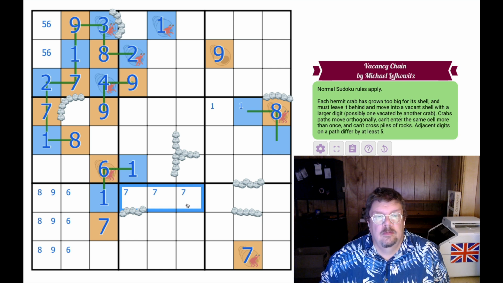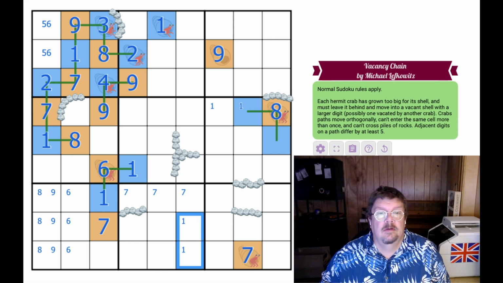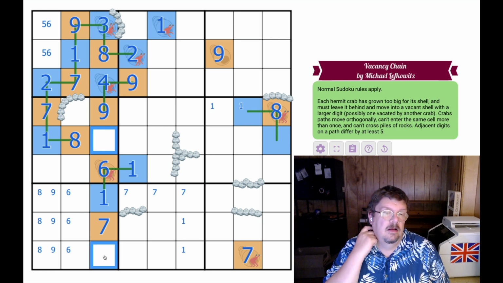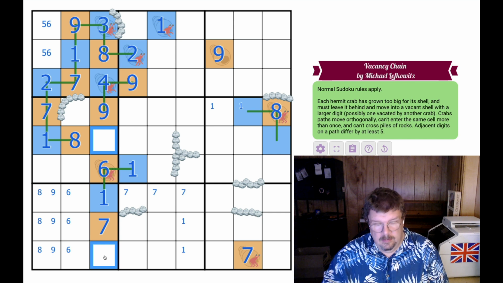By Sudoku, we've got a 1 in one of those 2. Right. What are these 2 digits? They are 5 and 2.